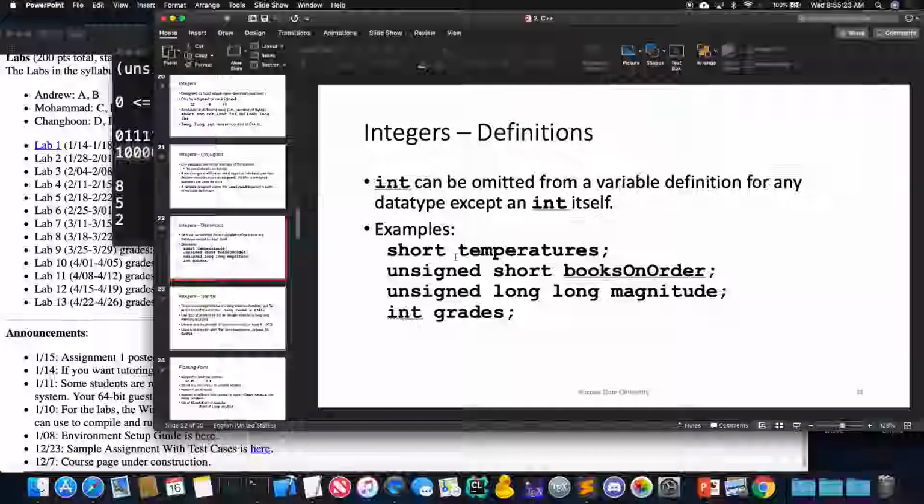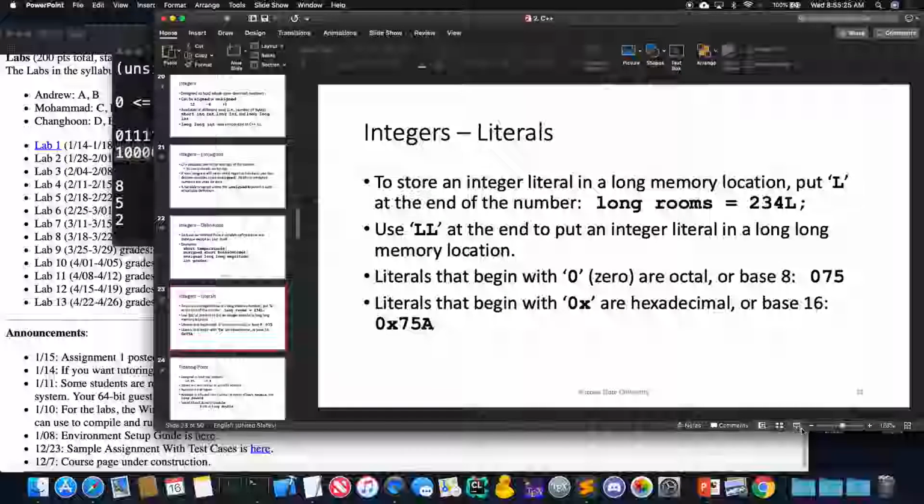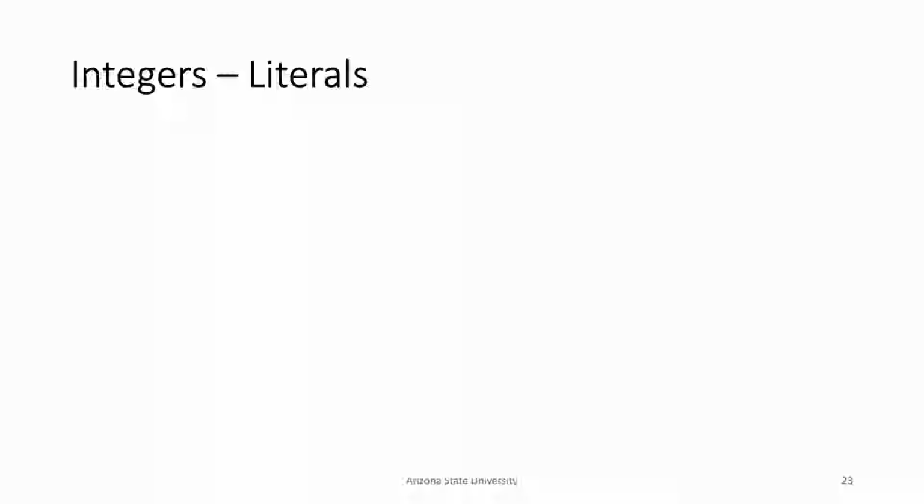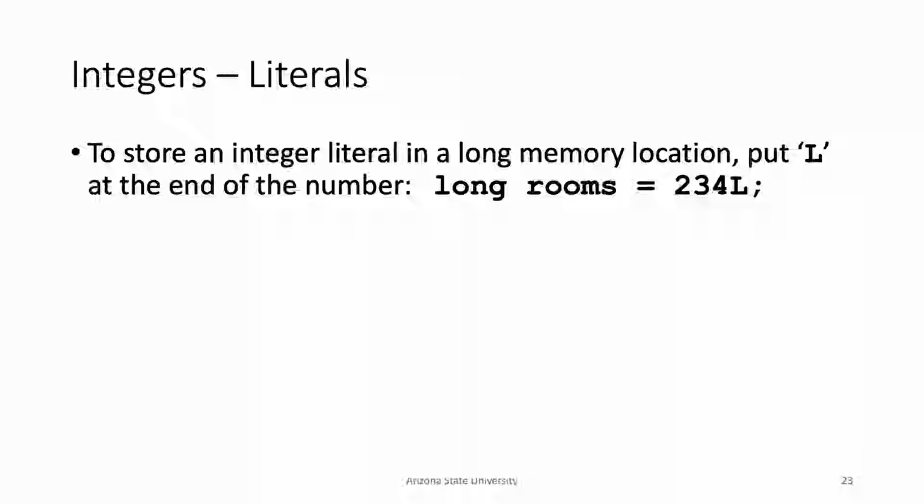Okay, so then let's go on to literals. This one is not that important, but it is here for completeness. If you want to put an integer into a different data type other than just an int, then you would put a literal identifier on the end.